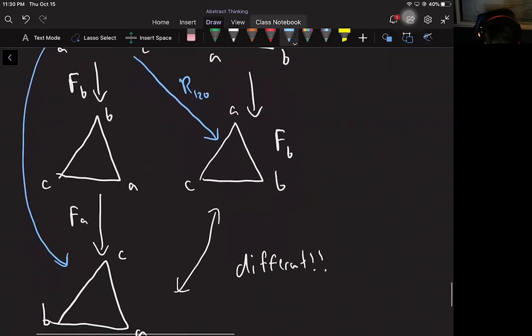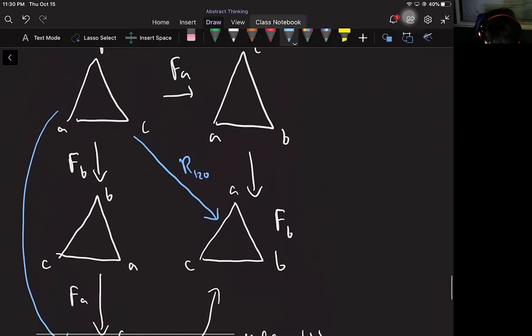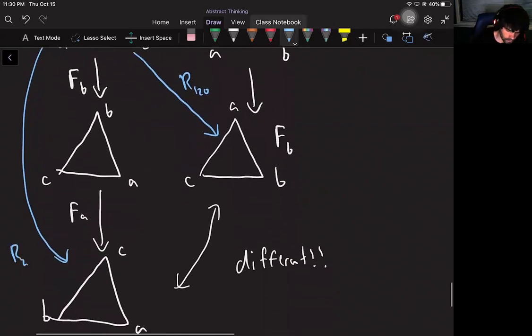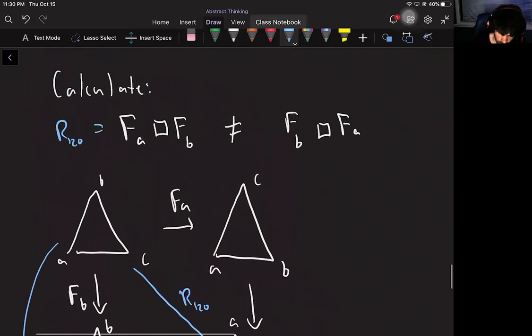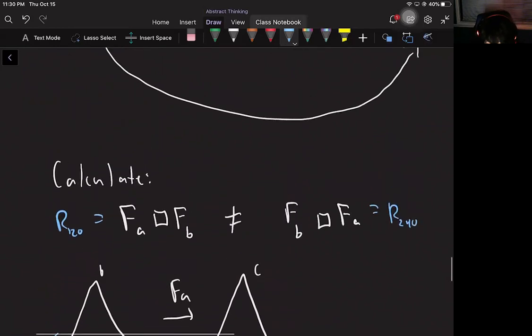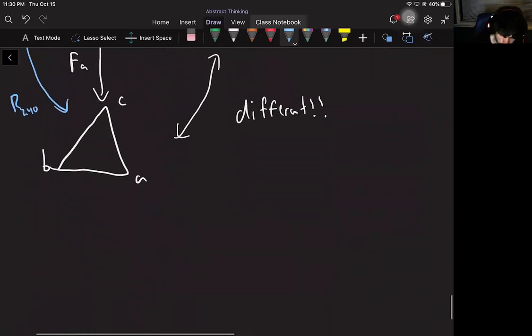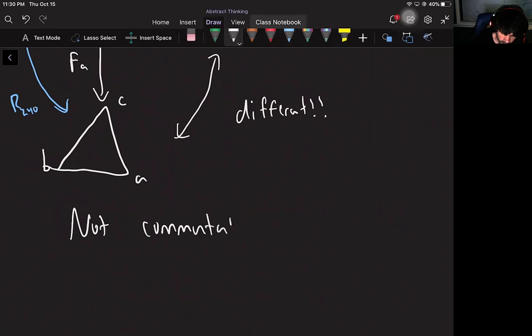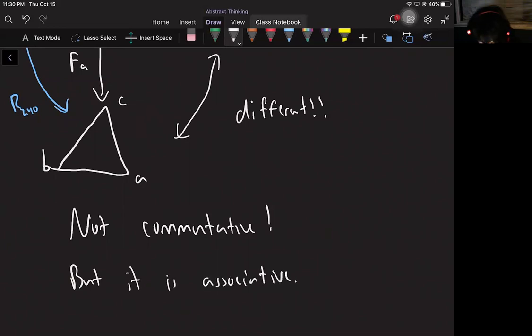Let's see, that's rotating 240. So yes, these two guys are different. Okay, good. So it's not commutative. But it is associative. But just due to time constraints, I'll let you reason to yourself why it's associative.